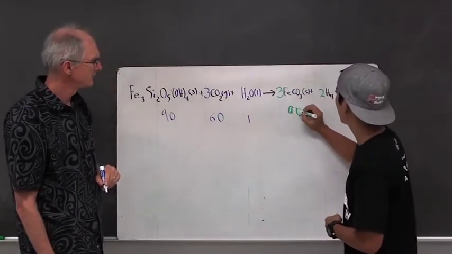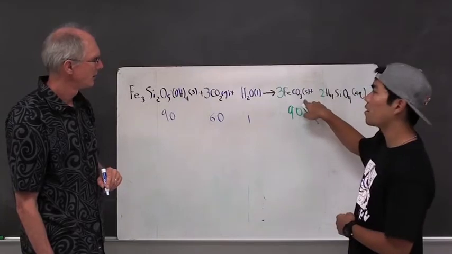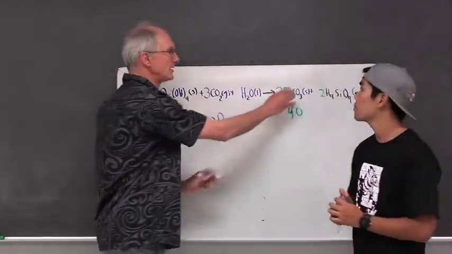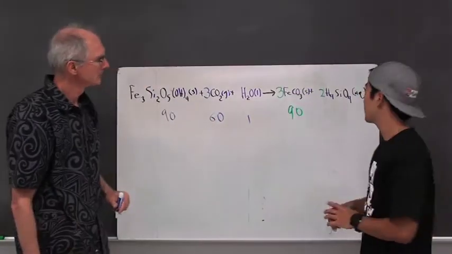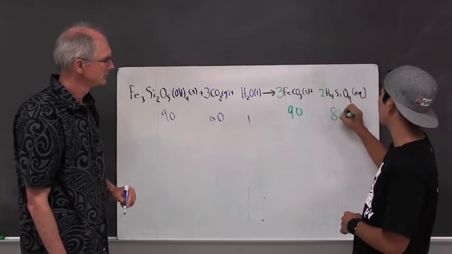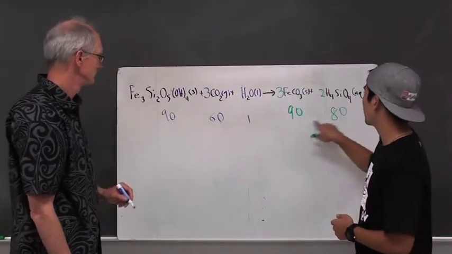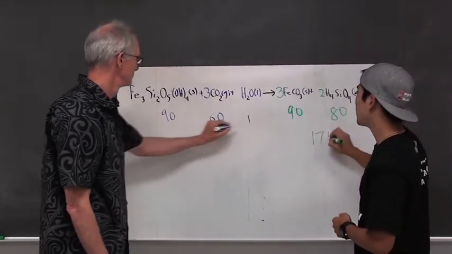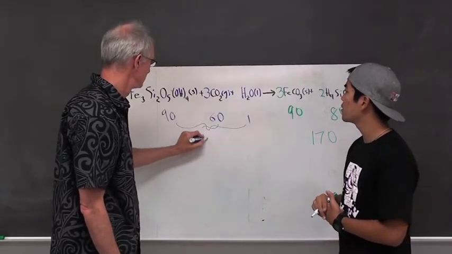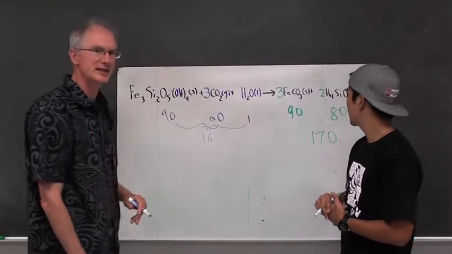How'd you get 9? I multiplied 3 oxygens times 3. Yeah, because this 3 means 3 times that whole thing. And then here I would have 4 times 2, so I have 8 oxygens here. That gives me a total of 17 oxygens, and you have not quite enough, Dr. Godez. I don't have enough, I only have 16 oxygens.